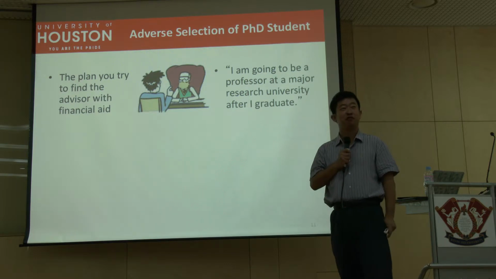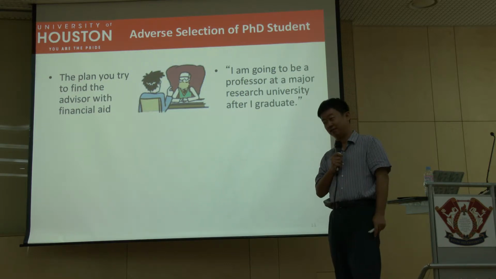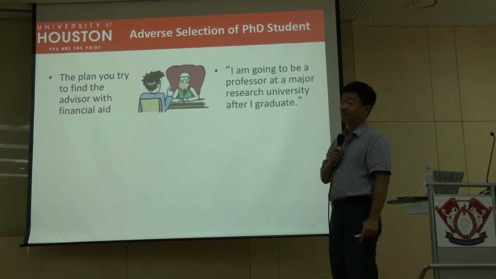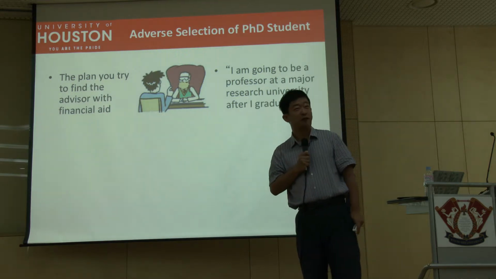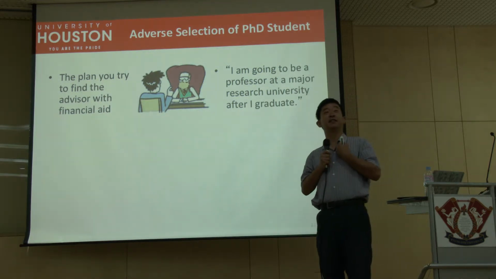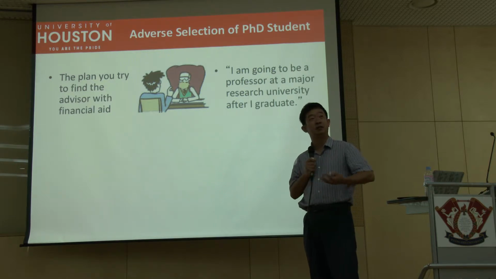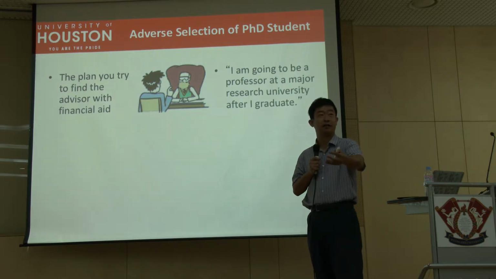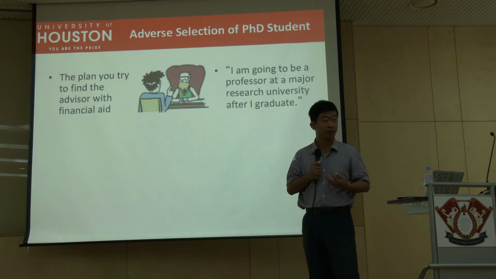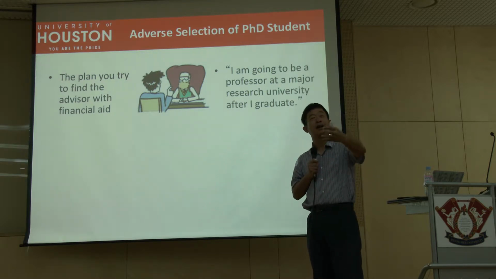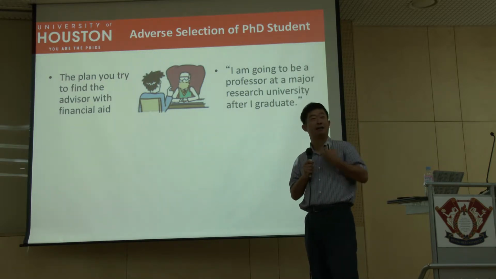And your answer is uniform: I want to be a professor, I want to do good research. Because you know that, for me, I want to publish, and then use the publications to get new funding. So this is my objective. You want to align your objective to mine, so that I can hire you.